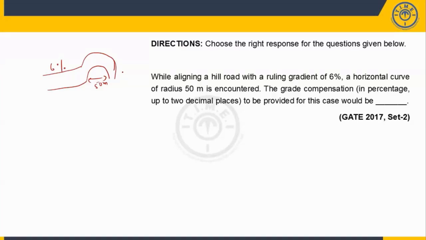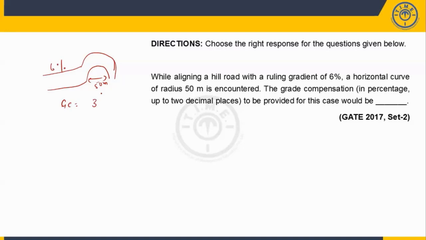What is the formula for grade compensation? It is (30 plus R) by R or 75 by R, whichever is least. So what is the first value, (30 plus R) by R?